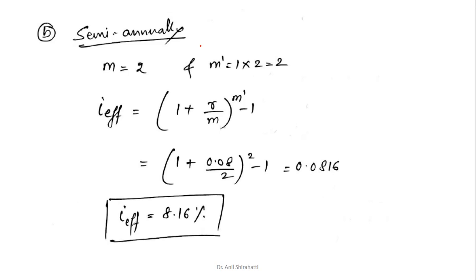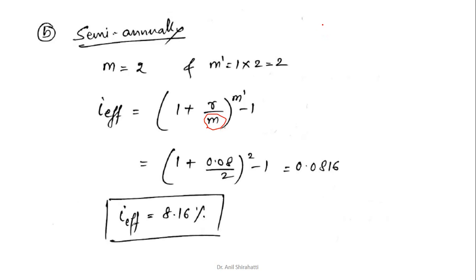Let's go to semi-annually. In semi-annual compounding, m becomes 2. The number of periods in a year is two, so every 6 months you are calculating interest on interest. Let's say the year is divided into two parts: January to June and July to December.